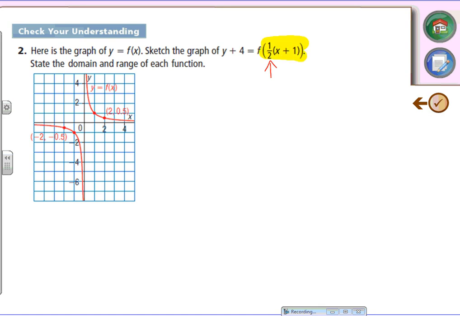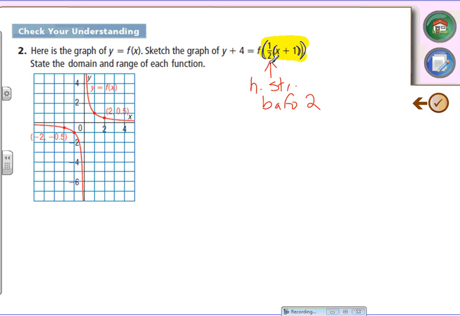All of this is horizontal. So we've got a horizontal stretch by a factor of opposite 2. First thing before you even start here, make sure that this is double bracketed. It is. We're good. We can keep going. So that's our first thing. Horizontal stretch by factor of 2.